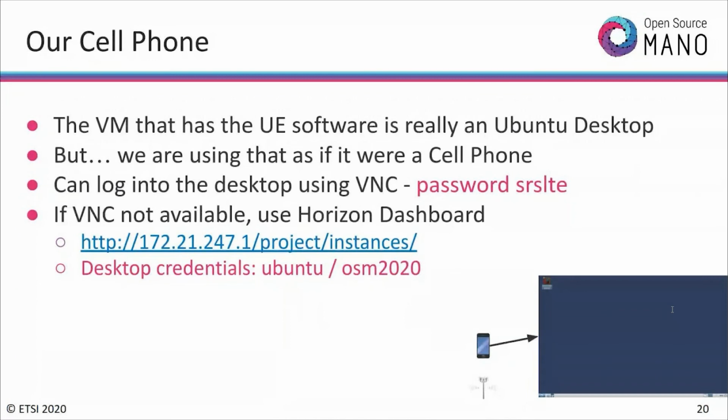Or if for whatever reason VNC is not working, it's not available, you don't have it installed, you don't want to play around with that, we can go to the OpenStack Horizon dashboard, which would be for this URL is the same. You'll get the username and password to log into later today. But that will be the URL that you go to, and once you get the desktop, you would log in with the username Ubuntu and password OSM 2020.